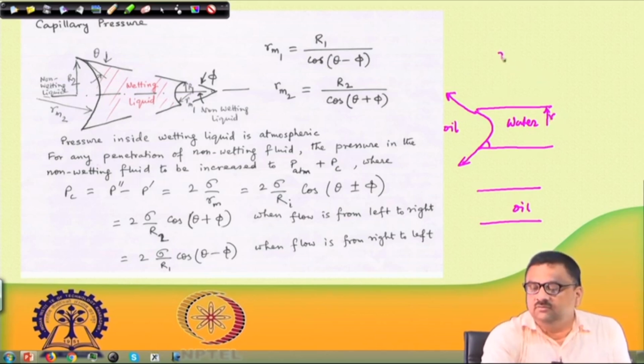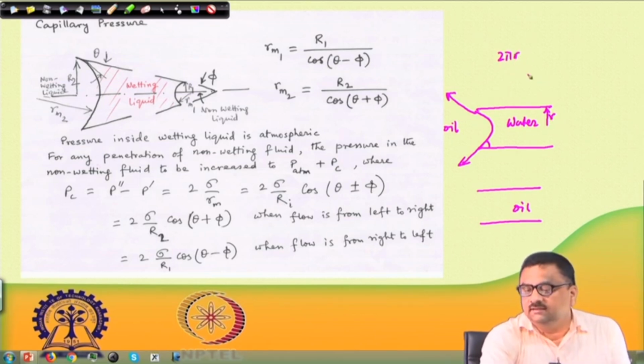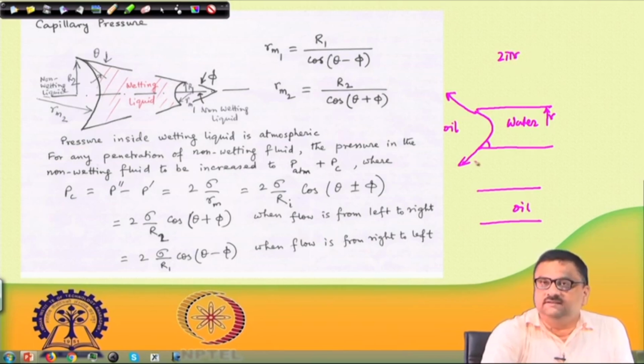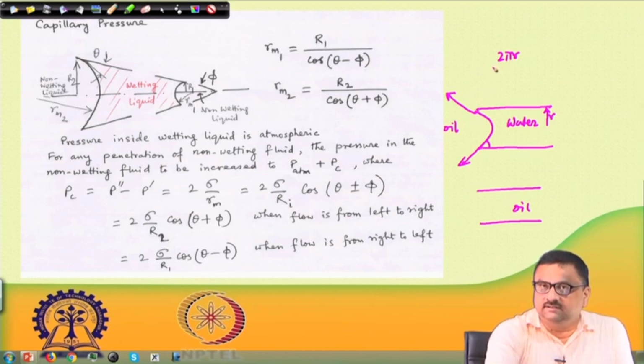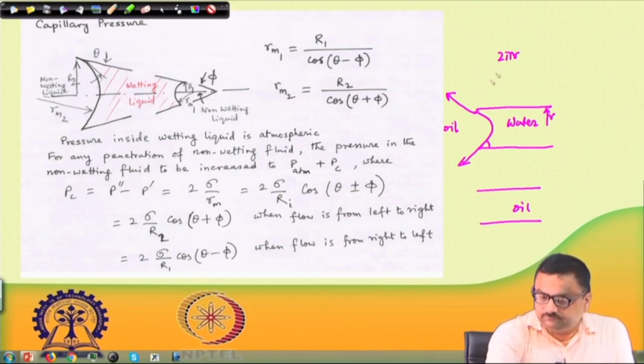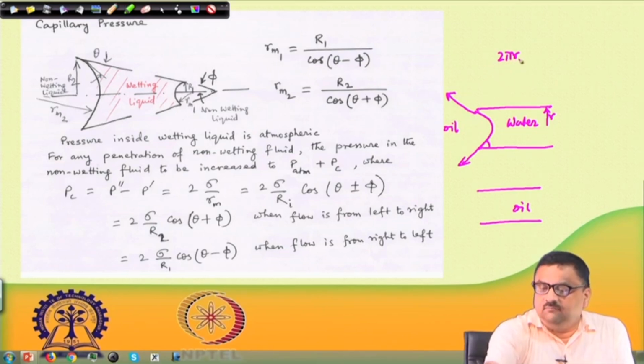we know 2 pi r is the length of the inner perimeter, the inner wall of this cylinder, and that multiplied by sigma, Newton per meter into meter, gives me the force by which this surface tension is acting.